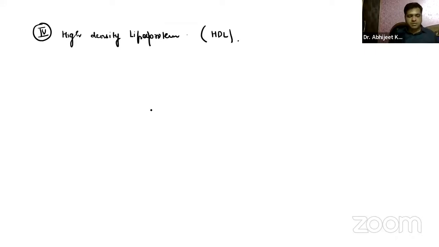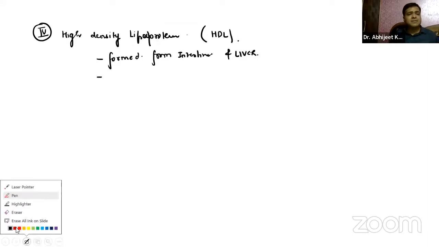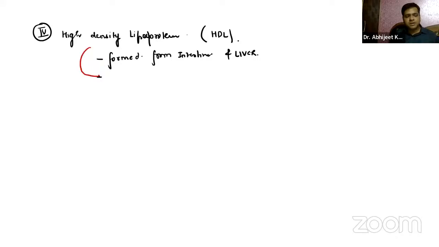Now, it is formed from intestine and liver, right? High density lipoprotein has the function of reverse cholesterol transport. If we just ask one function, that is reverse cholesterol transport.